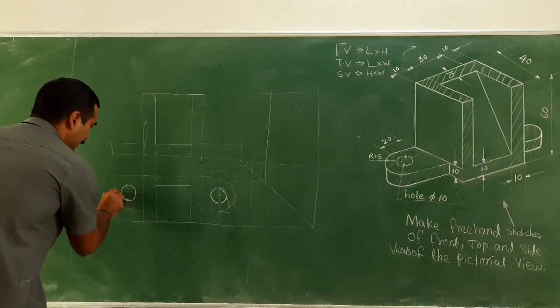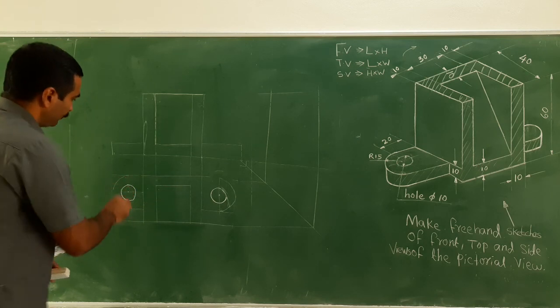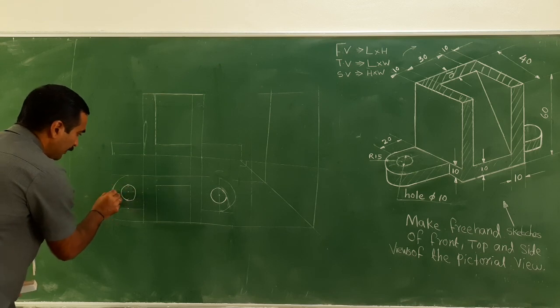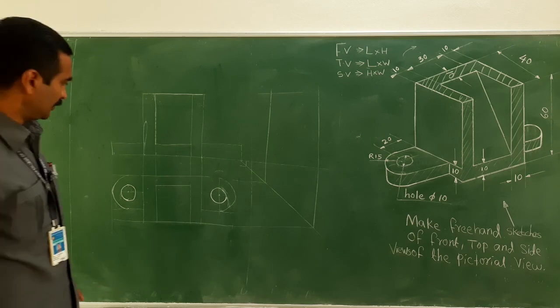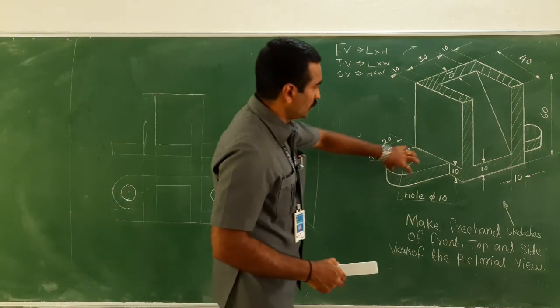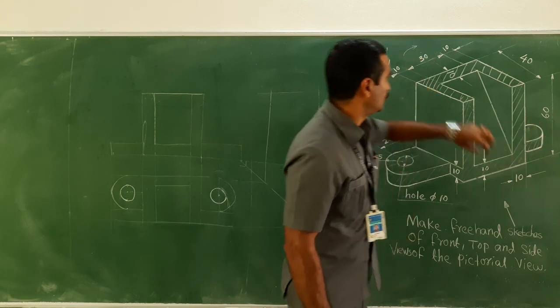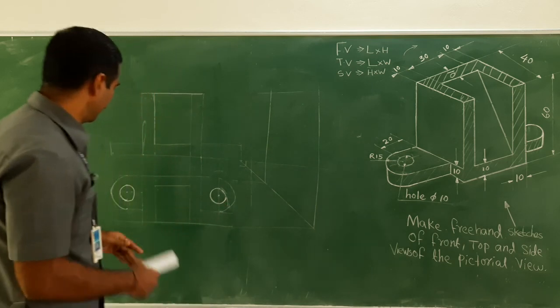So these are the three extreme points. With free hand, I need to connect all the 3 points to draw a semicircle. Right? So now this portion has been captured, this portion has also been captured, this inverted C has been captured here.